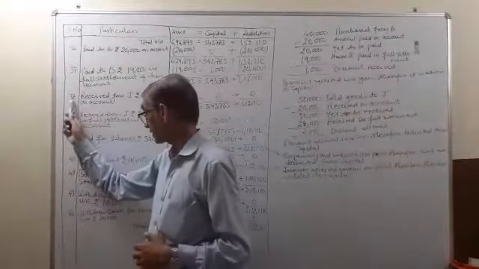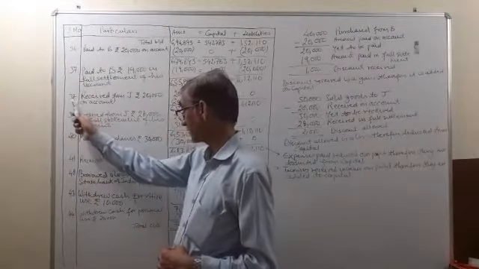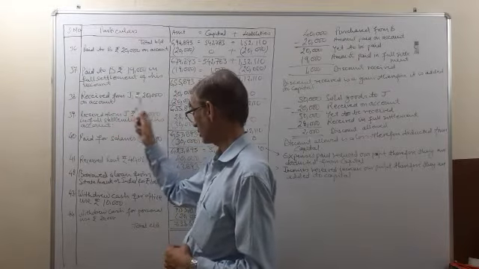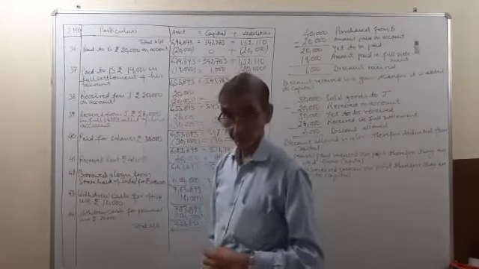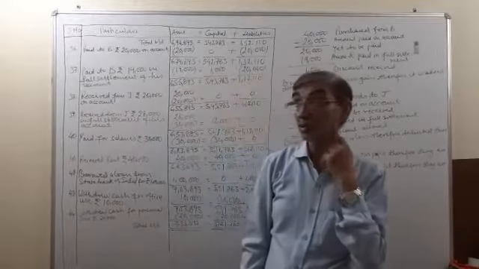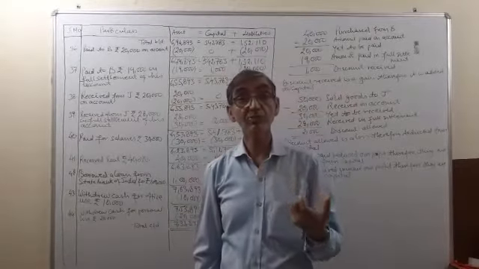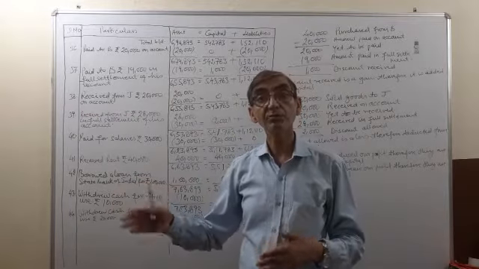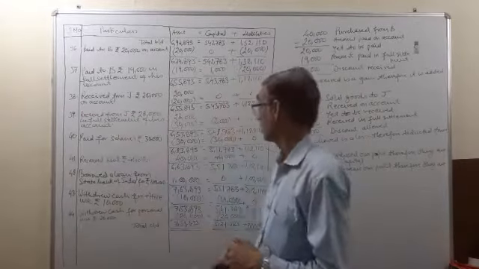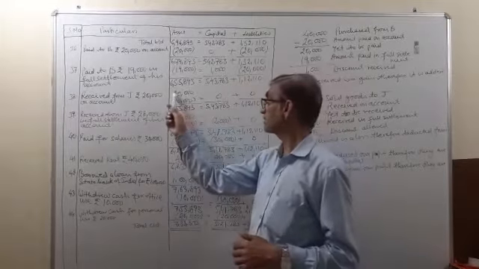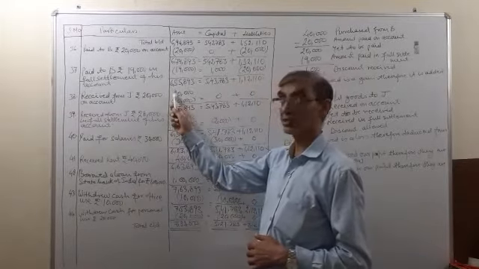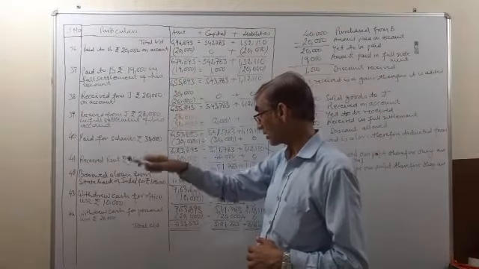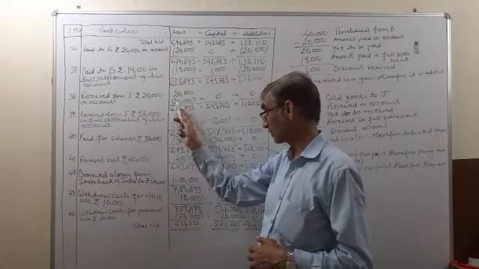So transaction 38 says received from J rupees 20,000 on account. Means out of 50,000, 20,000 we are receiving on account. Balance 30,000 we will receive later. So 20,000 we have received, cash is coming in, add it to the assets, and one of our debtors is declining by rupees 20,000.